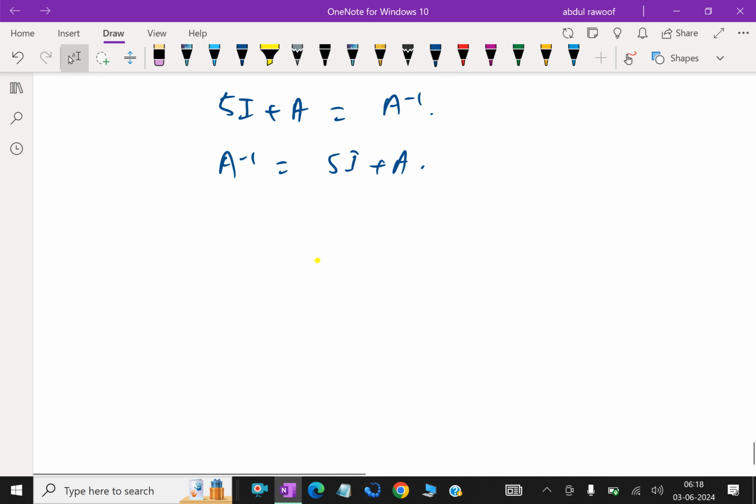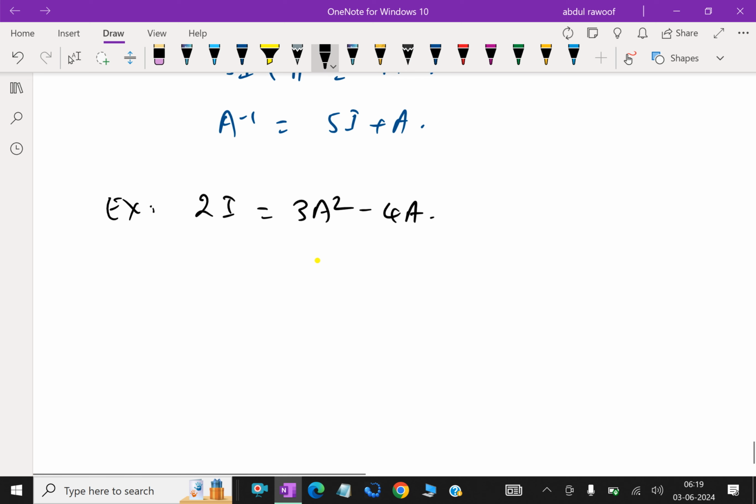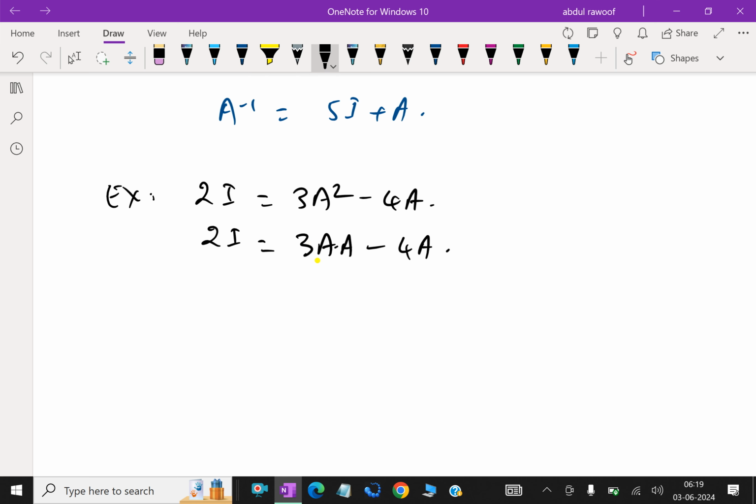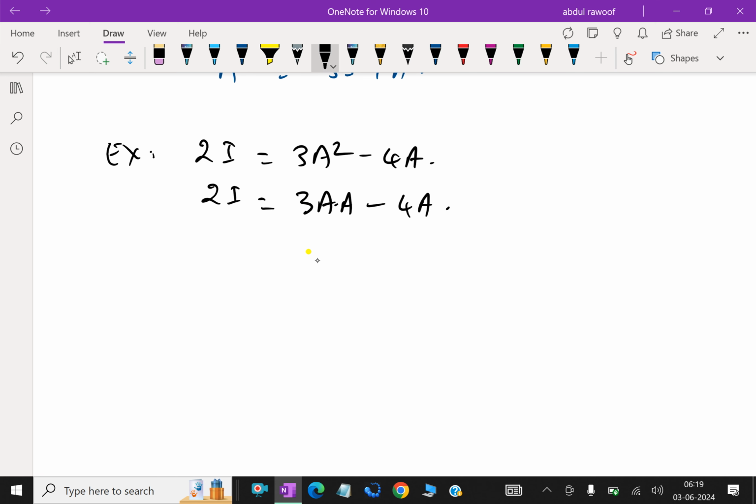Then one more. 2I equals 3A squared minus 4A. Here, A squared is split as A into A minus 4A.